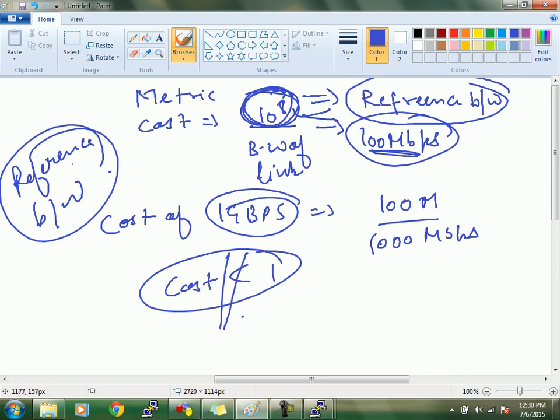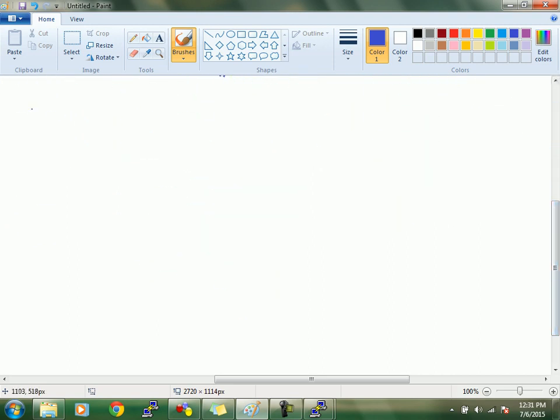What I am trying to say, if in your topology you are using links whose bandwidth is more than 100 Mbps, in that case you have to change the reference bandwidth. Otherwise, for 100 Mbps also and for 1 Gbps also, cost will be 1, because OSPF can never calculate cost less than 1. This thing is clear? Okay. Next thing.